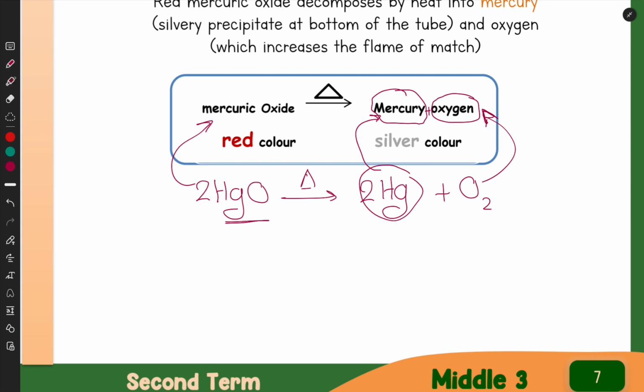We have some colors here that are very important. Mercuric oxide is red in color, and mercury only is silver in color.